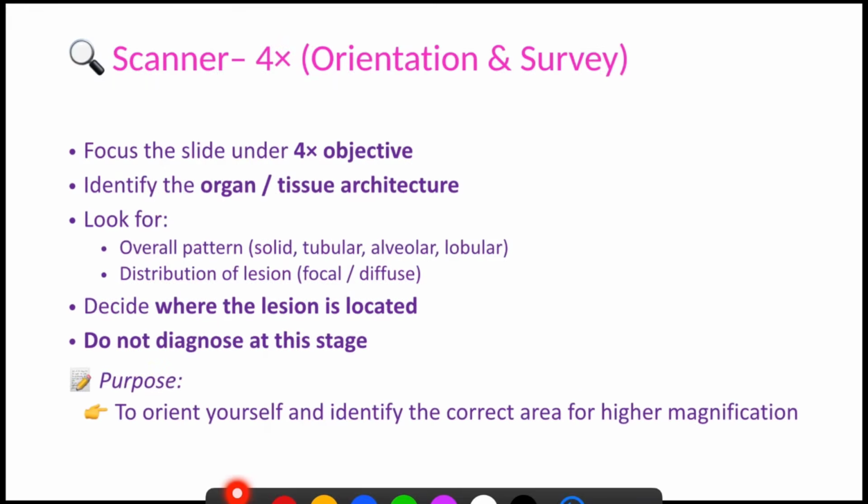Now what is the use of scanner or 4x view? It is for orientation and survey. We have to focus the slide under the 4x objective and identify which organ this is.